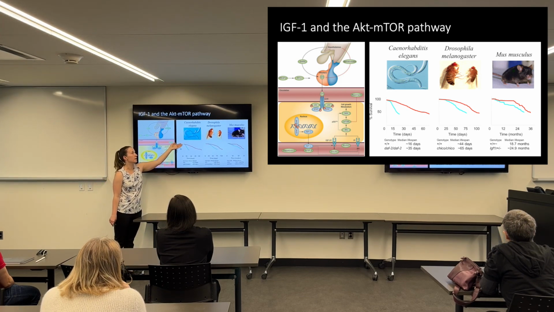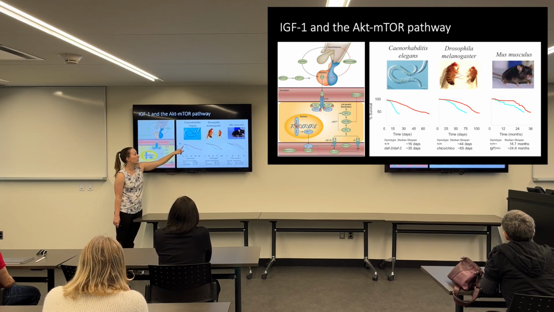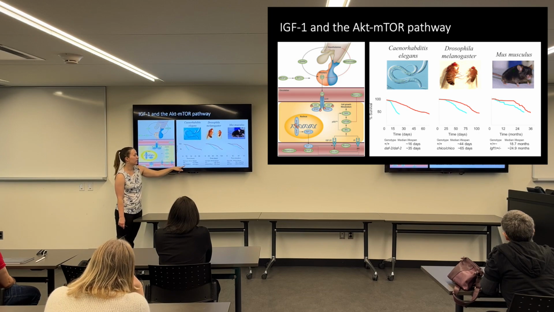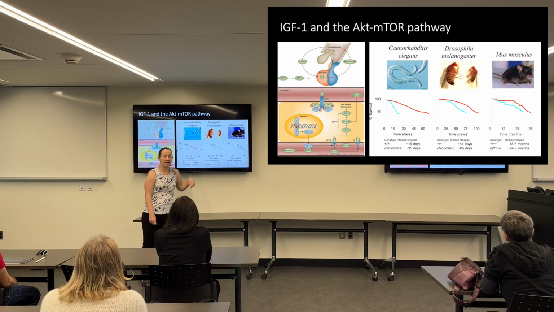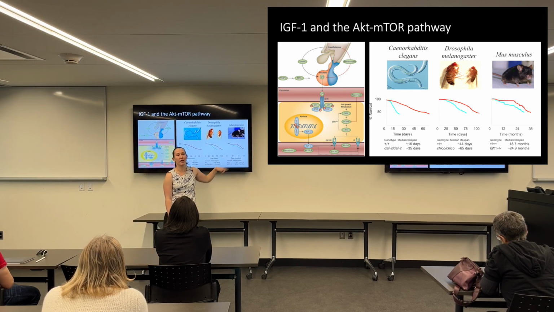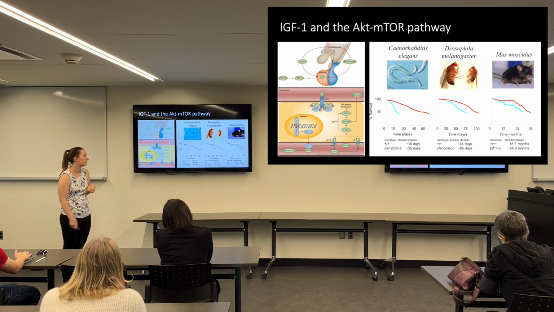You can see this in the worm. It's called the worm, but it's not like an earthworm. C. elegans. If you knock out the equivalent of the IGF-1 receptor, DAF-2, they live longer. If you knock out the receptor in flies, they live longer, and even in mice, which would be our mammalian equivalent.